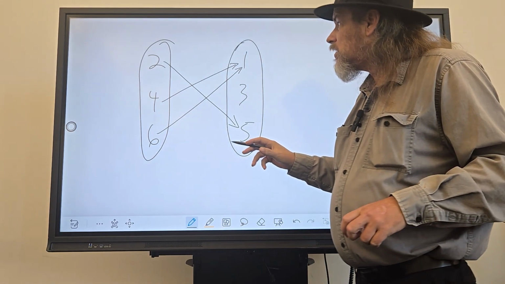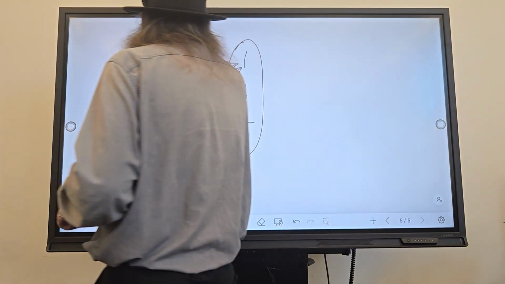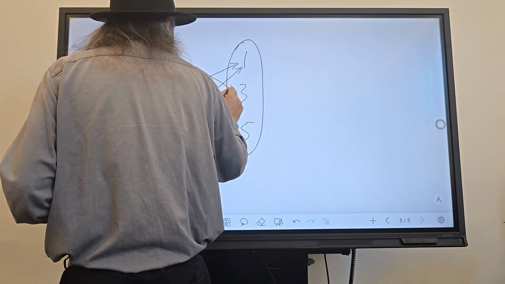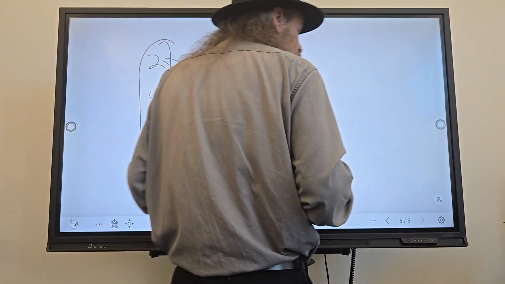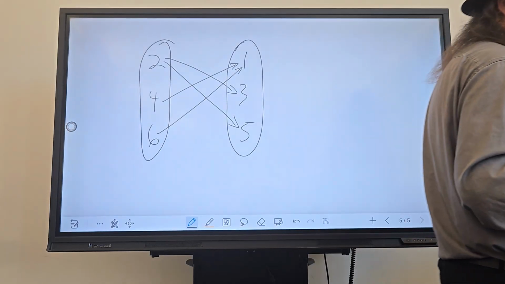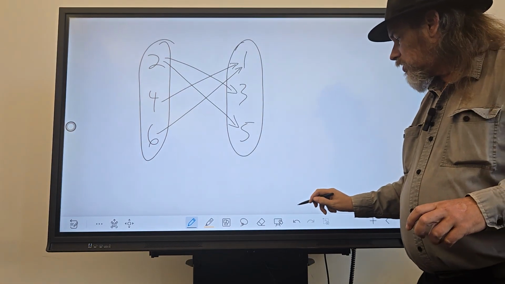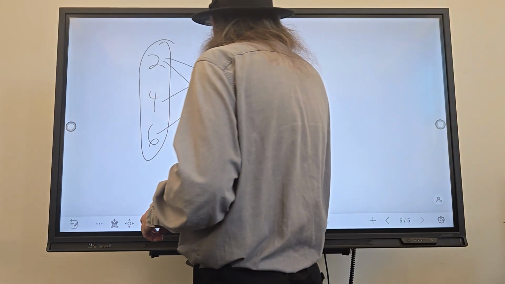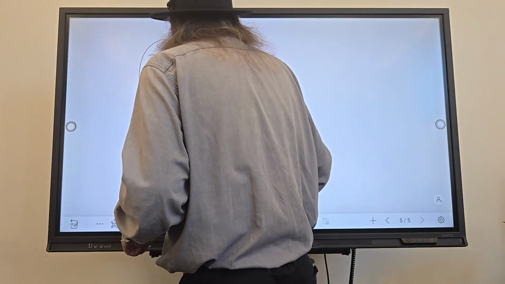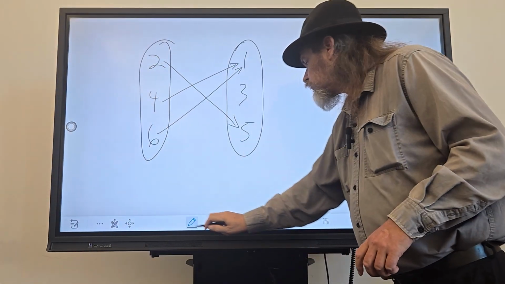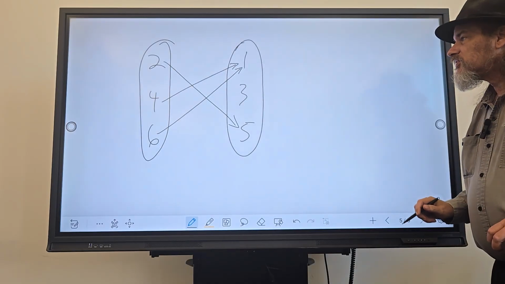So if 2 were related to 5 and 3, that would no longer be a function. Okay, so let's take that out of there. So this is a function.